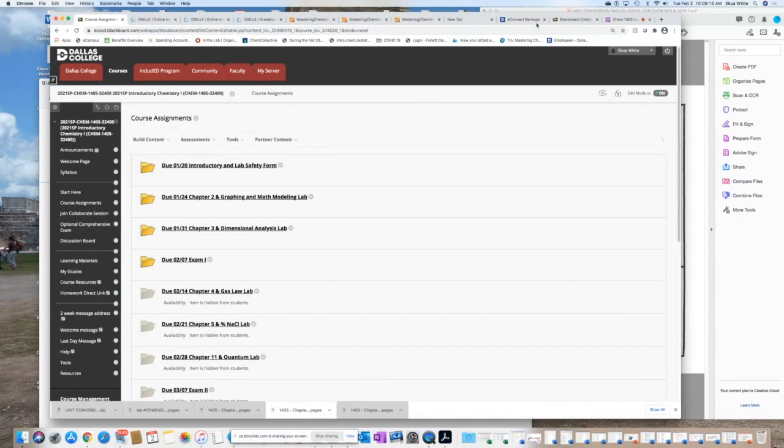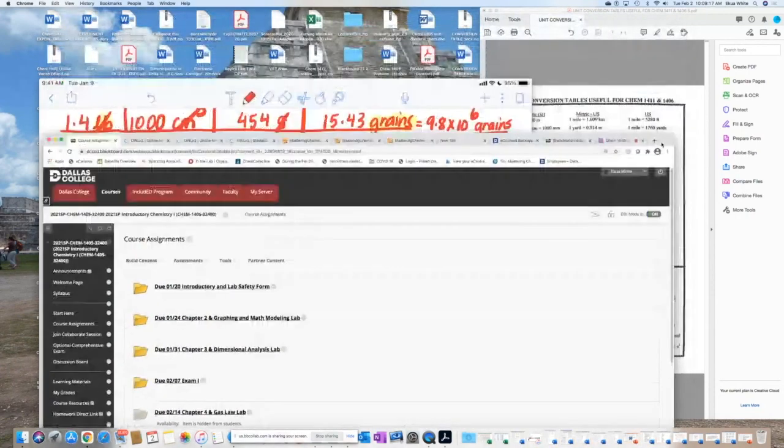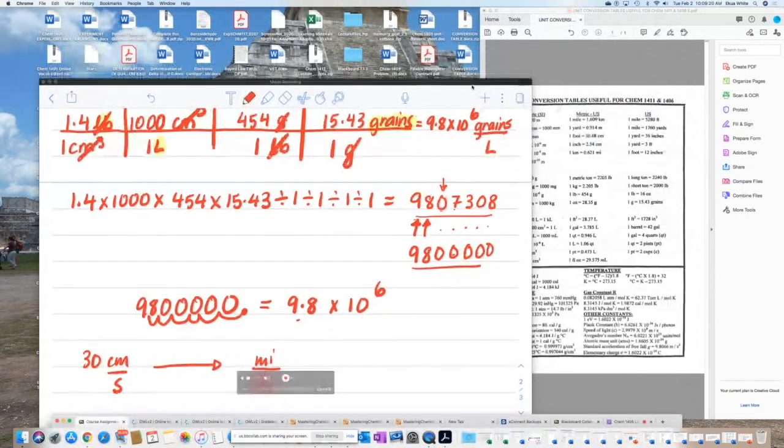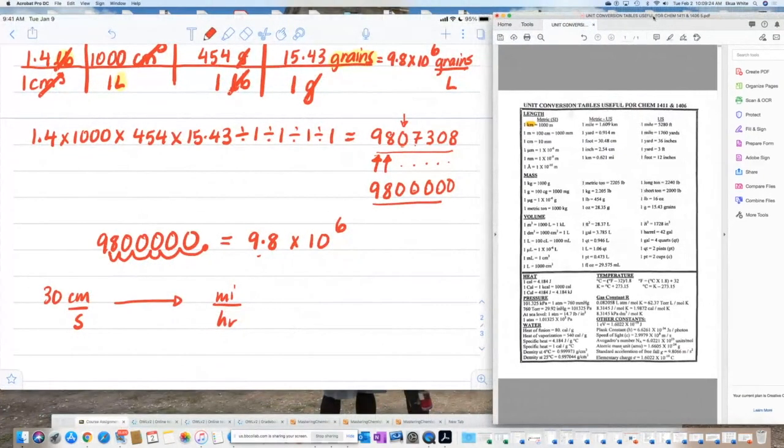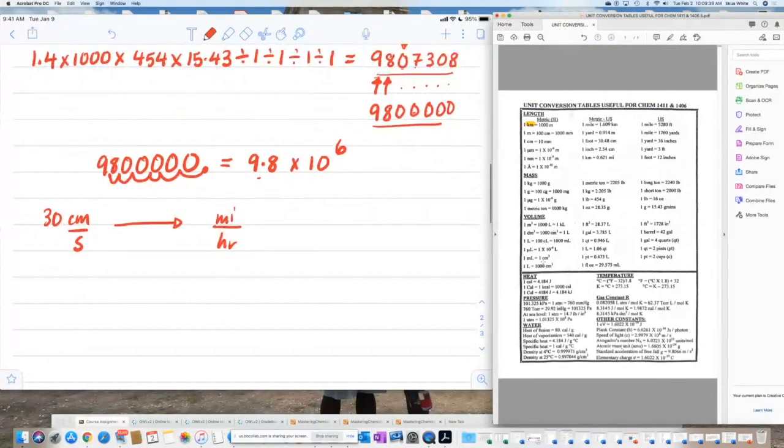Okay. So the difference with this, which I mentioned in my discussion last week, is this conversion chart here does not have time. It has length, mass, volume, but there's no time, right? And that's the challenge. They left out time because they assume you know.